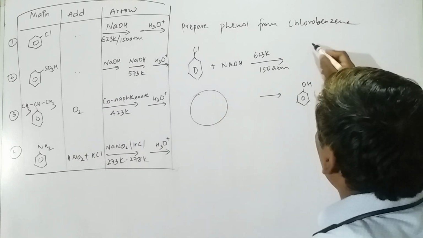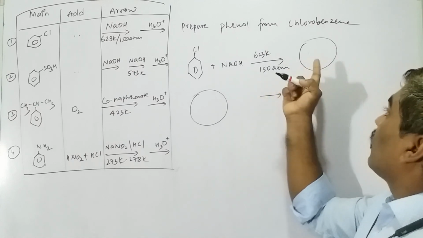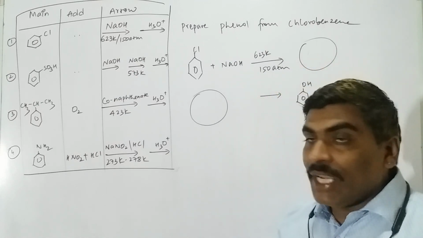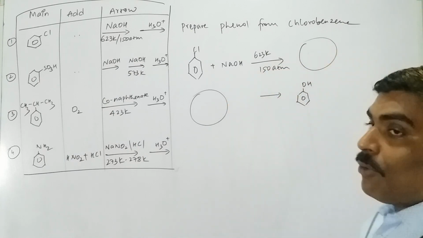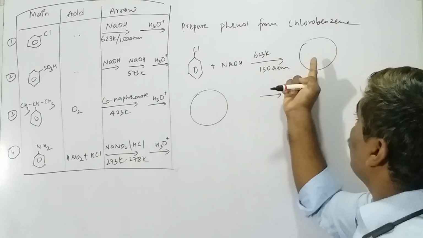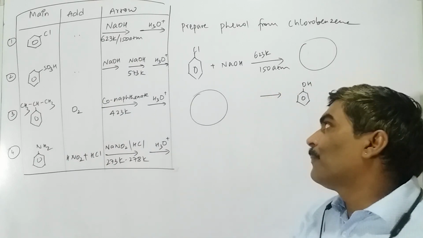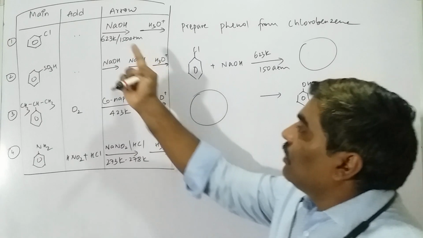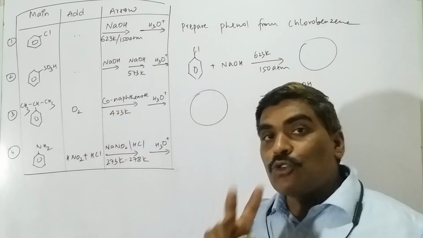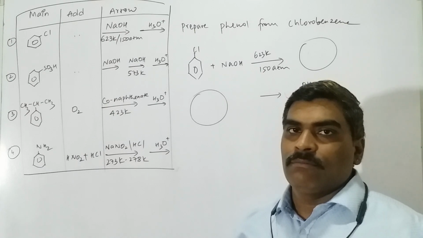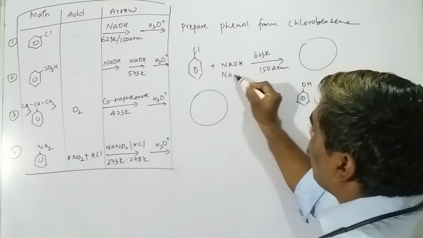This is nothing but the intermediate which we are going to get in the first step, the same we are going to use. Okay, so now we'll see. Important is now how to get this one. How will we understand? Okay, we'll try now. See, here only one NaOH is given, but actually two molecules are there. So I'll write that two.